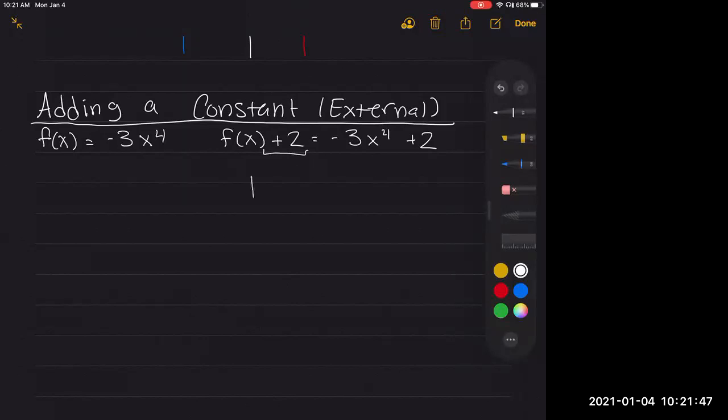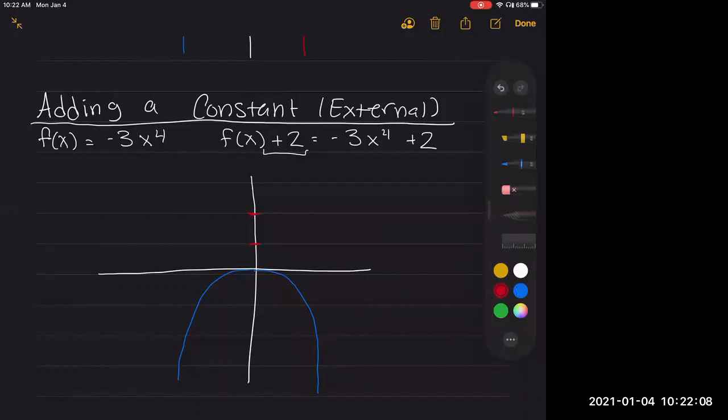So if we start with our initial graph, it looks kind of like this. And then we add 2. We move it up 2 points. So our new 0 point gets shifted up 2, and so do all of the other points.